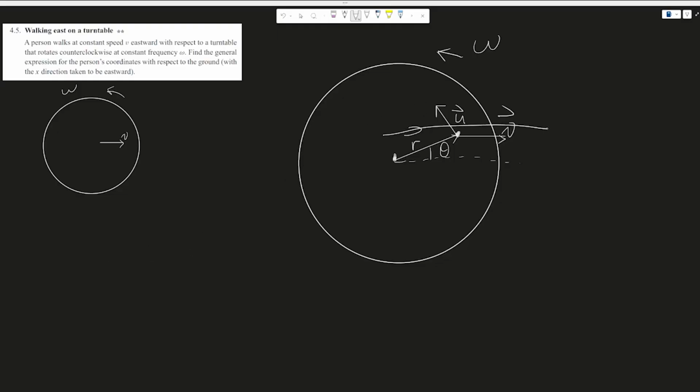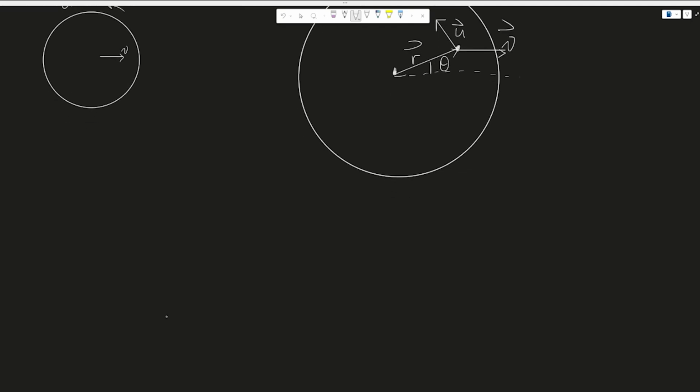The x direction is this way and the y direction is that way. So for the x direction, let's call the speed x dot, representing dx/dt. What is this equal to? Well, we know it has a constant speed v, because the person is always walking eastward with constant speed v. So v is definitely here.